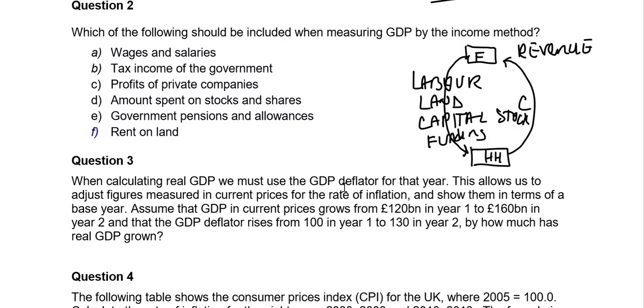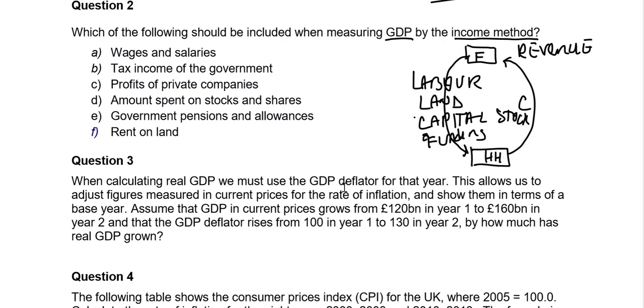Funding comes under the financial capital part, like loans or investment by the households to firms. Now, by the income method, how would you then calculate GDP?